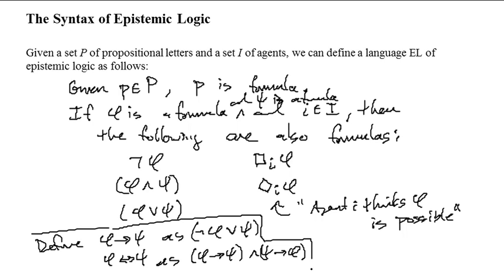Or we could try to do it in some more efficient way. So these are the basic connectives that make up epistemic logic. And in a way, there's not too much that's new here. We just need to deal with these new connectives, the ones that have to do with the knowledge of different agents.